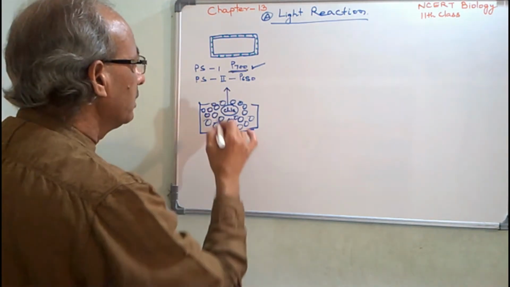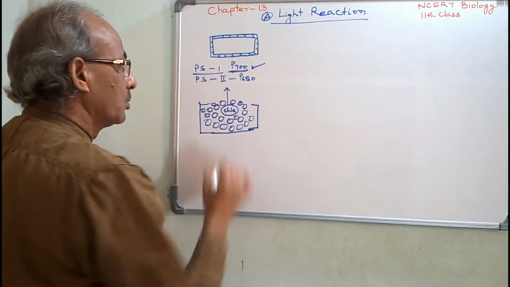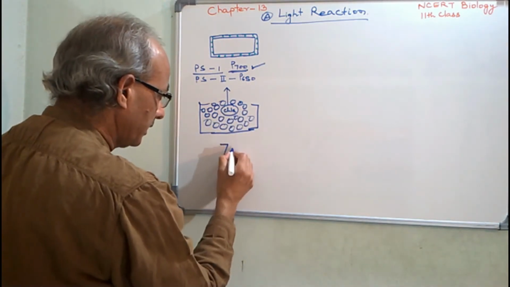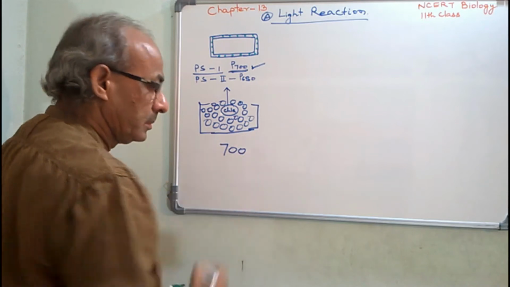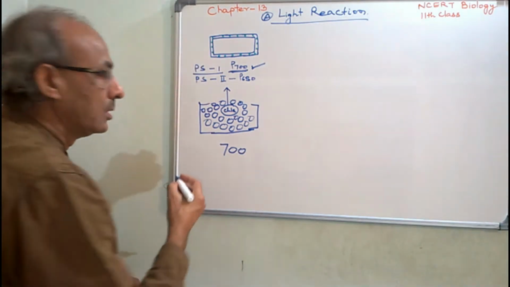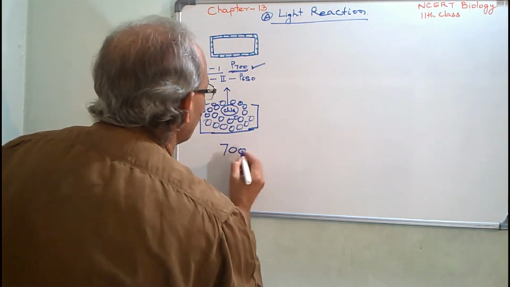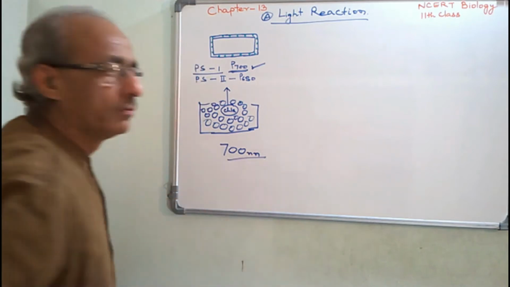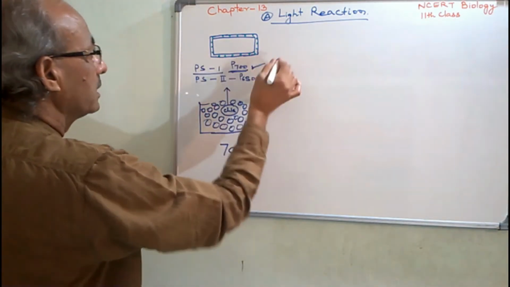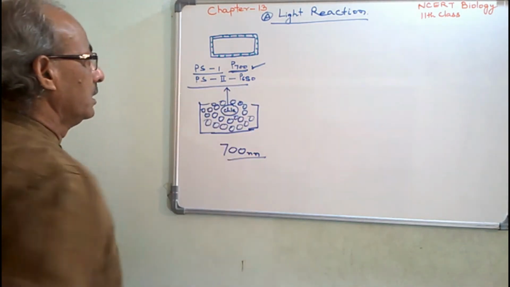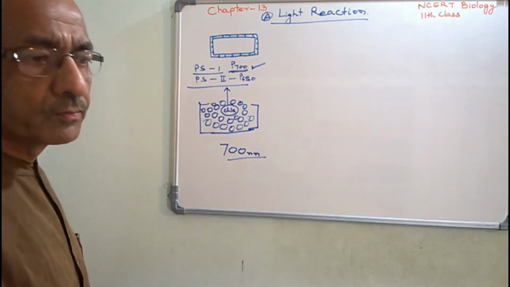In this photosystem, the reaction center absorbs the red color of light having wavelength 700 nanometer. So it is also called P700.